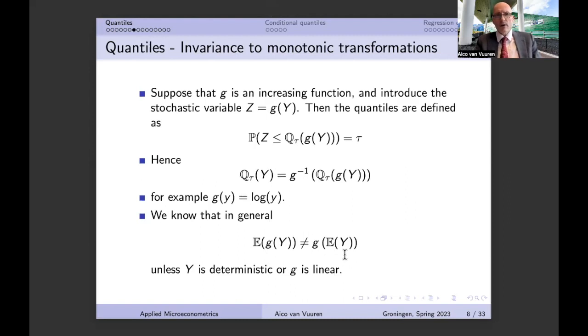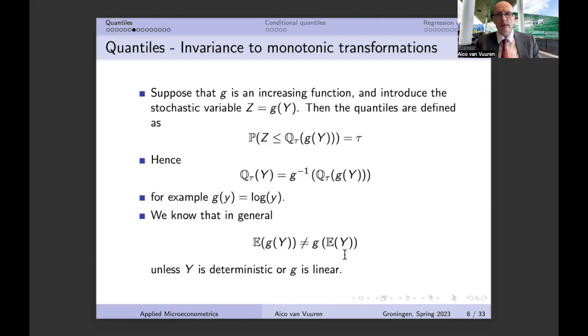I'd like to go on with another topic, and that is the topic of invariance to monotonic transformations. What we should realize is that doing quantiles could actually be, in many cases, much more difficult than looking at means. That also means that doing quantile regression analysis is, in many cases, much more difficult than doing, for example, standard regression analysis. However, sometimes it's the other way around.